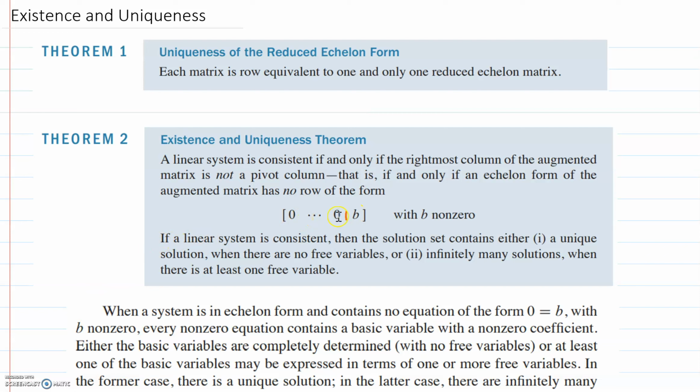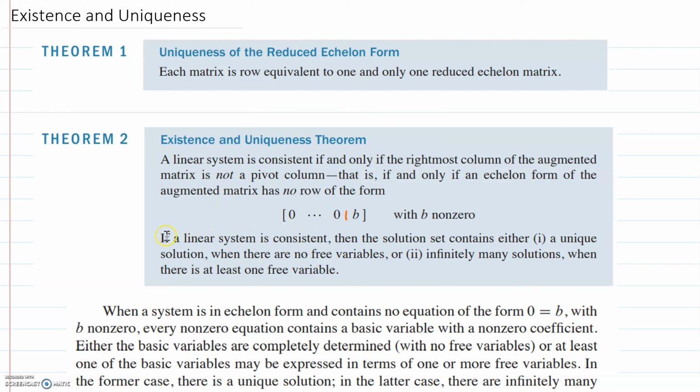And that does make sense, because if we have that situation, that means that you would have an equation that doesn't make sense. You have 0x1 plus 0x2 all the way to 0xn, depending on how large your matrix is, and then equals a number. So it would be inconsistent, which means there would be no solution.